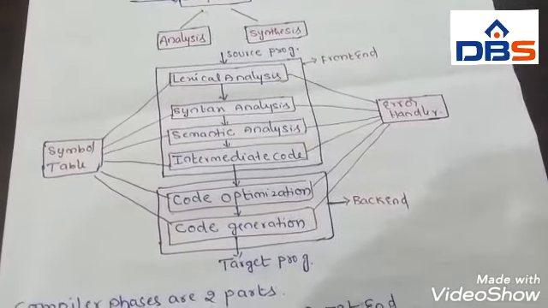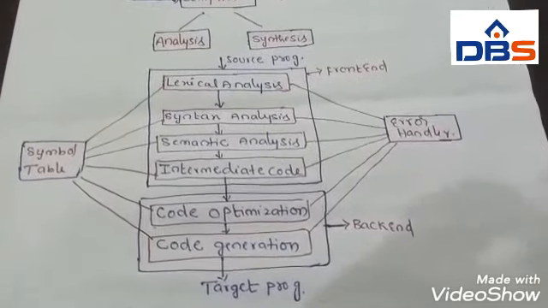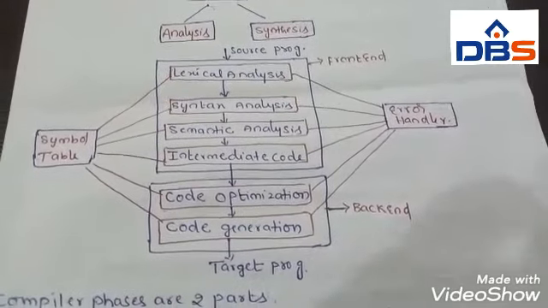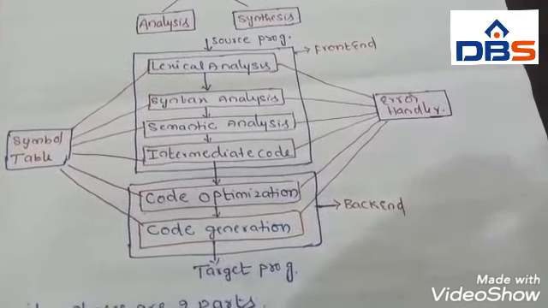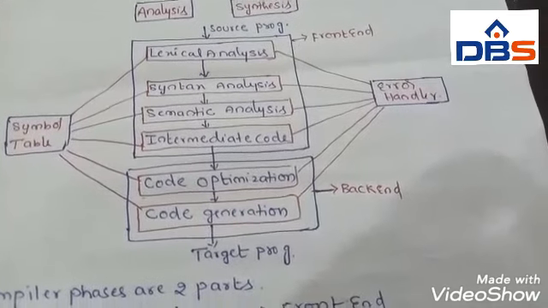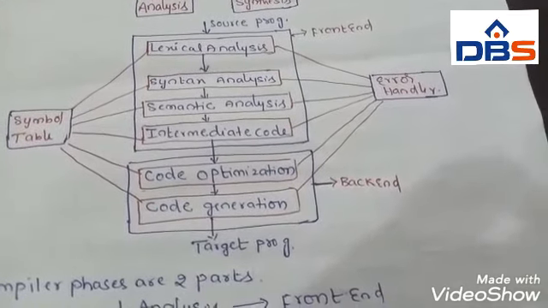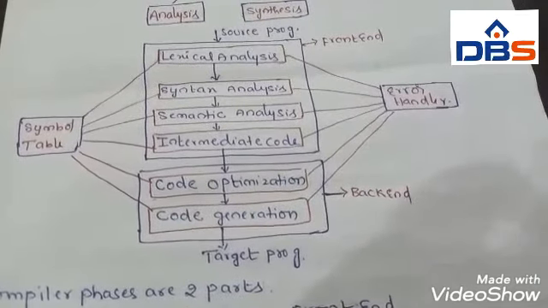All these 6 phases are connected to an error handler, and at the same time all these 6 phases are connected to a symbol table. The lexical analysis phase takes the source program as input. Finally, the code generation gives the target program as output.